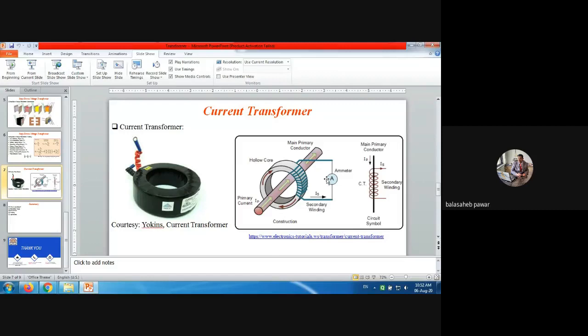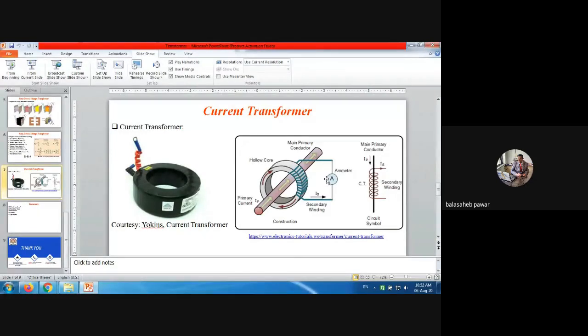Now, just imagine, whatever CT and PT we discussed, can we call both these two devices a sensor? I will switch to a somewhat different topic now. Currently, we discussed the step down transformer, and generally we say it is used to step down the AC voltage for the next application.